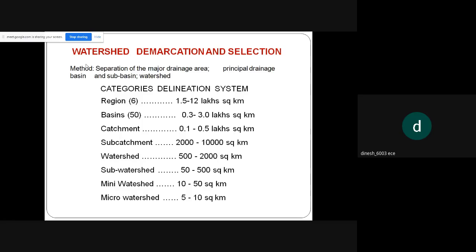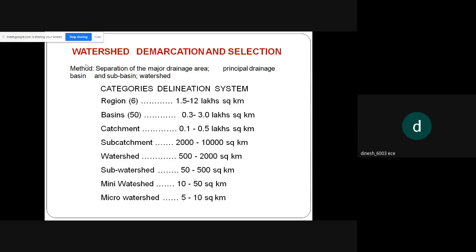And if the water present is 0.3 to 3 lakh square kilometer, it comes under basins. If it is from 0.1 to 0.5 lakh square kilometer, it is catchment areas.